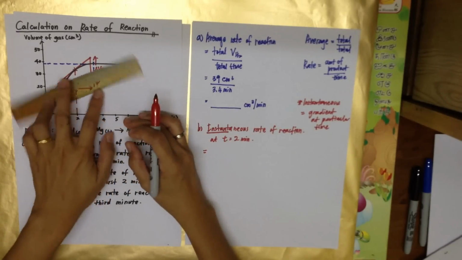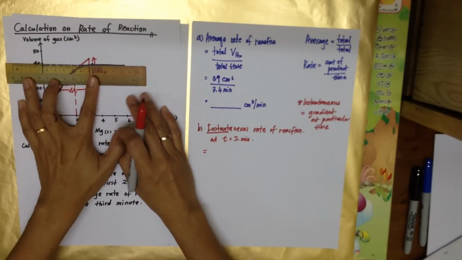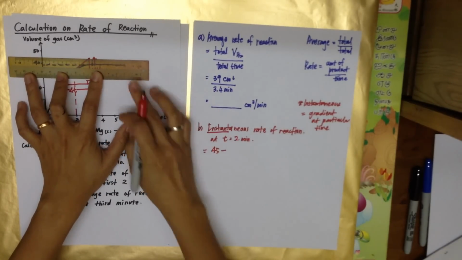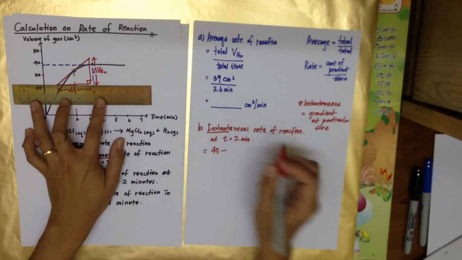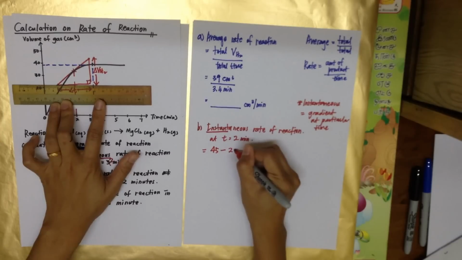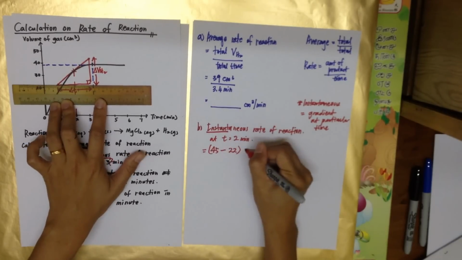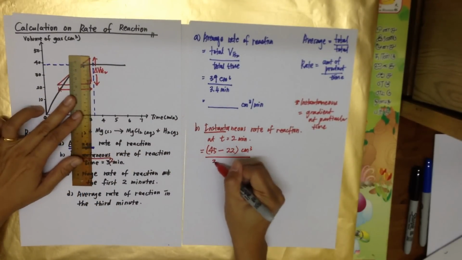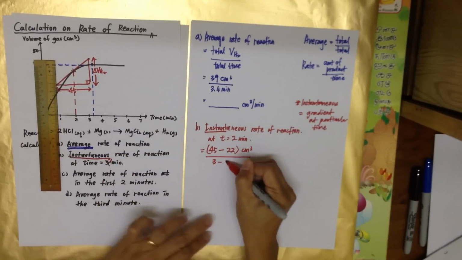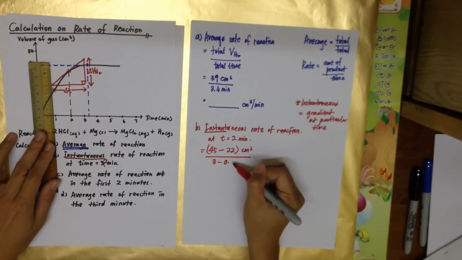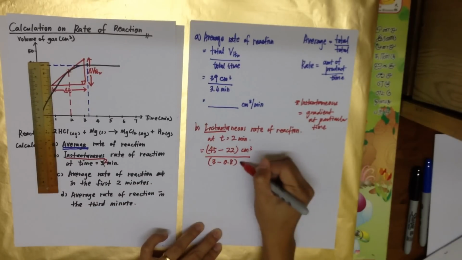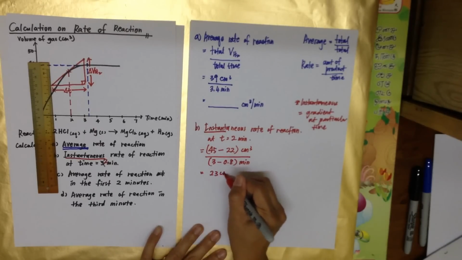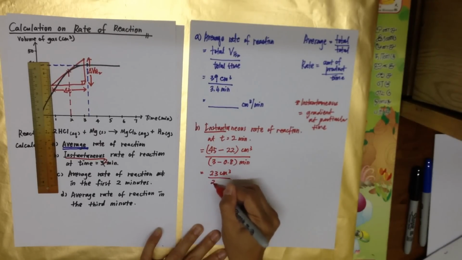Let's say the change in volume of hydrogen gas will be 45 minus 22, versus the change in time can be 3 minus 0.8 minute, and hence we will have 23 centimeter cube divided by 2.2 minute.